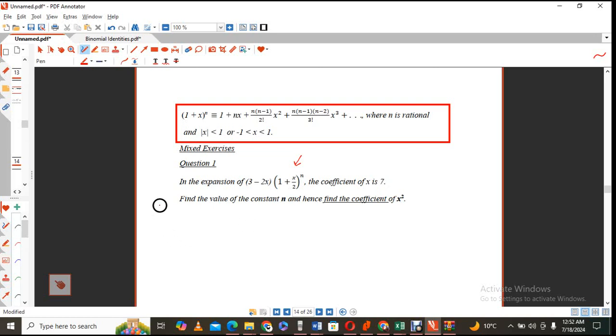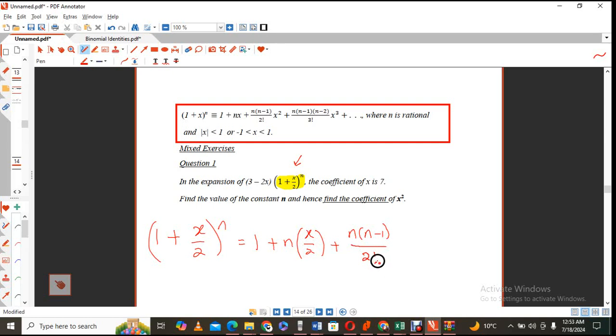So we should find the value of the constant n. First thing that I'm going to do, I'm going to take this part because I have now enough practice with this type of special binomials. We have now realized that that part is 1 plus nx, our x is x over 2, plus n minus 1 over 2 factorial.